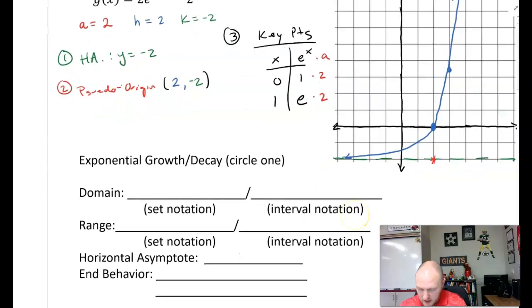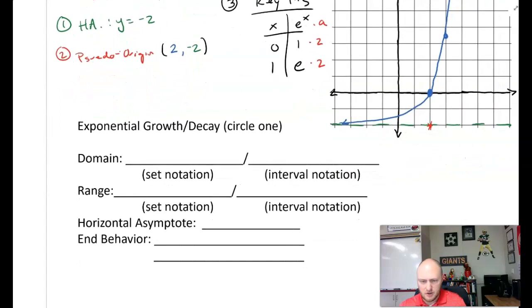Okay, and then we're going to go ahead and answer some key features. So this is exponential growth. Our domain in set notation are the x values where negative infinity is less than x less than infinity. And interval notation would be negative infinity to positive infinity.